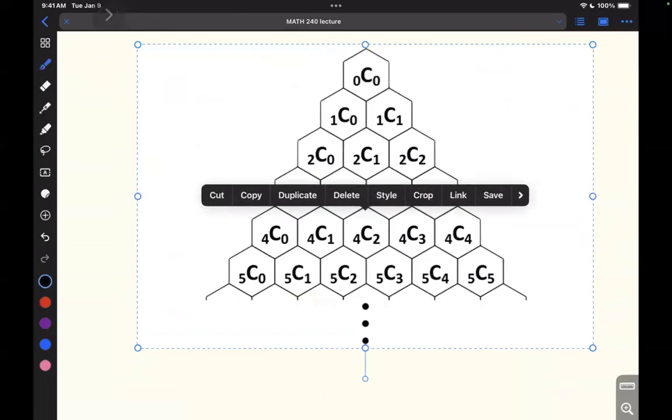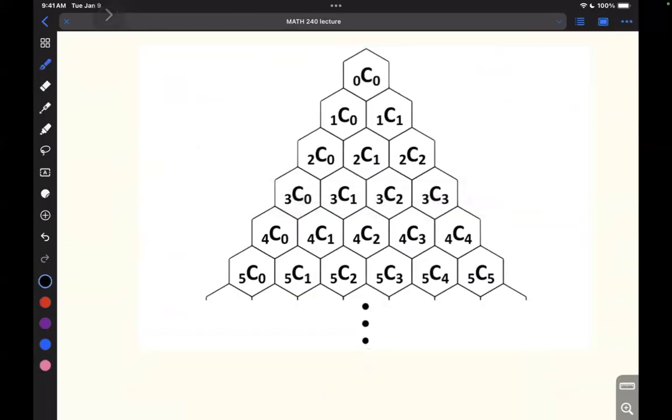So these numbers like 0 choose 0, 1 choose 0, that's Pascal's triangle. And so the rows are values of n, and the quote unquote columns are values of k.